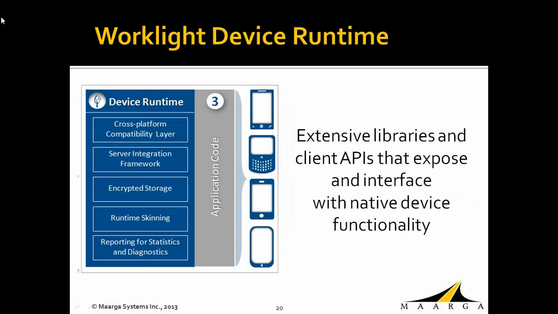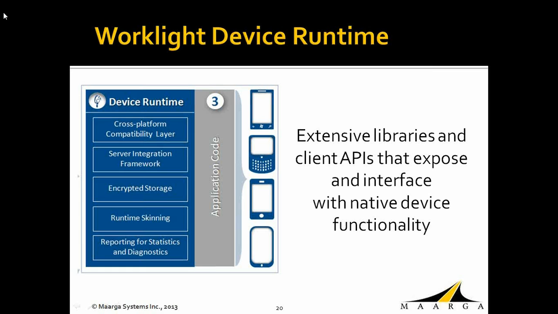The third component that actually resides on the devices themselves is the WorkLight device runtime. This consists of runtime client APIs, libraries that complement the server by exposing a predefined interface to access the native functionality on that particular device.